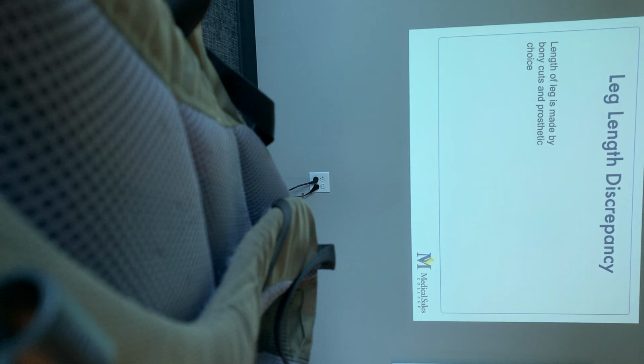Malposition and laxity is probably the big deal. The other reason is leg length discrepancy. It's too tight or too loose, too short or long, and it dramatically impacts the gait, the function, and frankly, can generate pain as well. So patients don't like that in the hip.